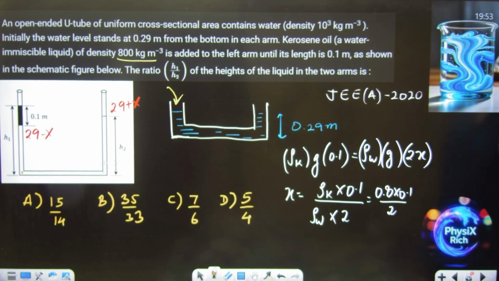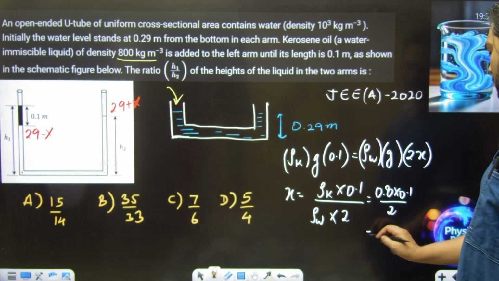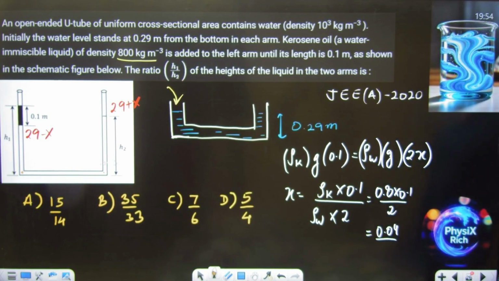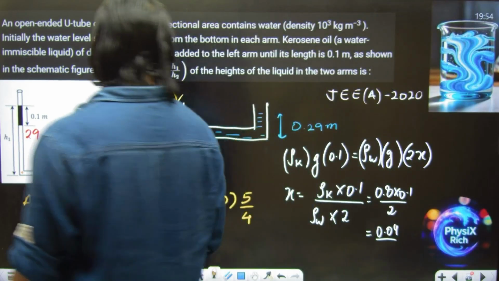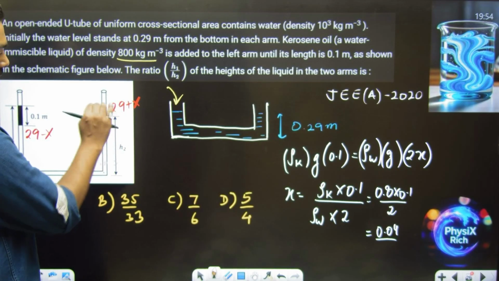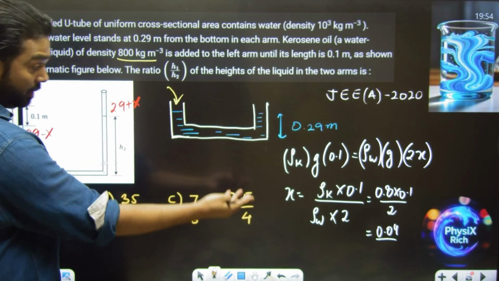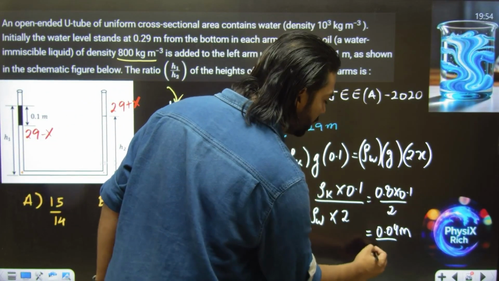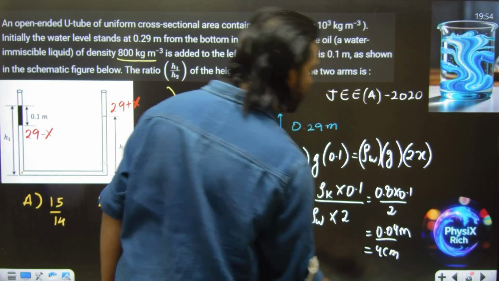How much is this? This is actually 0.04. I hope that is clear. So what it means is that this height H2 is basically 29 centimeters plus 4 centimeters. By the way, this has been found out in meters, so this is 4 centimeters.